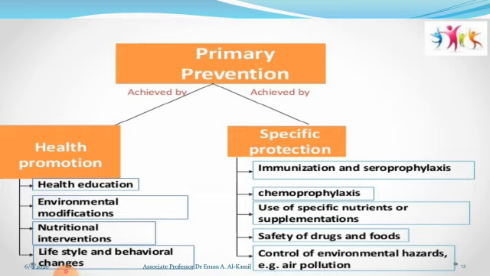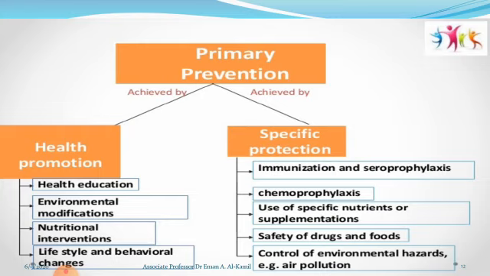There are a large number of prophylaxis methods, including the use of specific nutrients or supplements. For example, the administration of folic acid or ferrofolic capsules for pregnant women during pregnancy to prevent the occurrence of anemia in the mother.